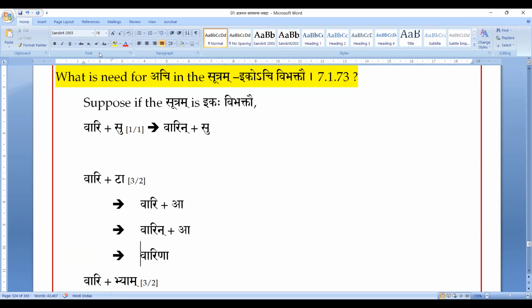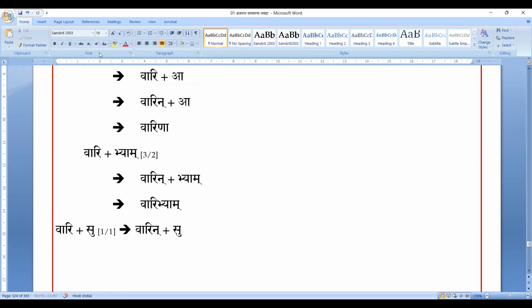For that we say Achi is in the Sutram to say for Vari plus, not even here, Sambodhana. In Sambodhana, because we have two forms, Vari plus 8-1. Here, what happens? Vari plus Su. Suppose Achi is not there, Num comes and Num goes away.